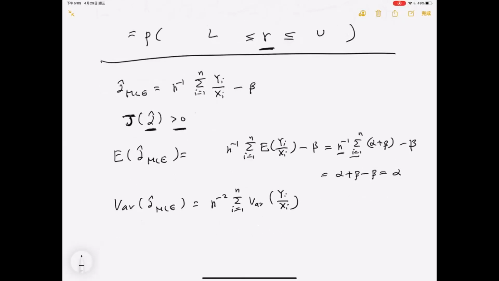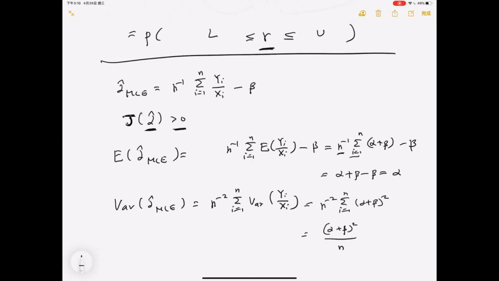Because if you do this, beta doesn't matter for the variance. Then this guy right here is n minus 2 summation i from 1 to n of alpha plus beta squared, which becomes alpha plus beta squared divided by n. That's the variance of alpha.